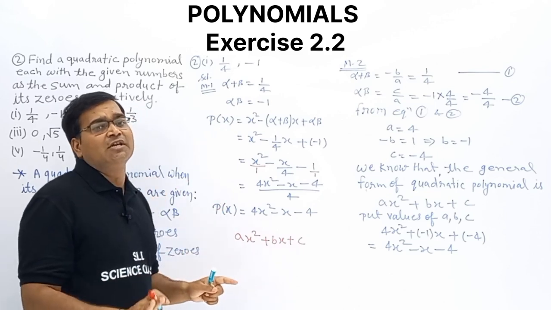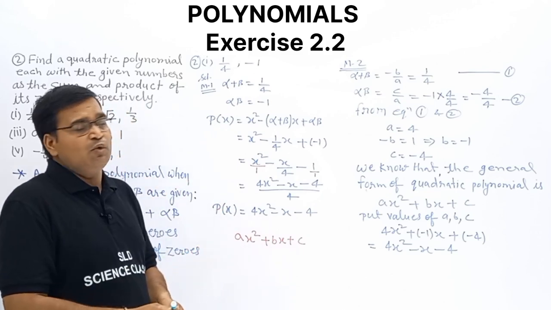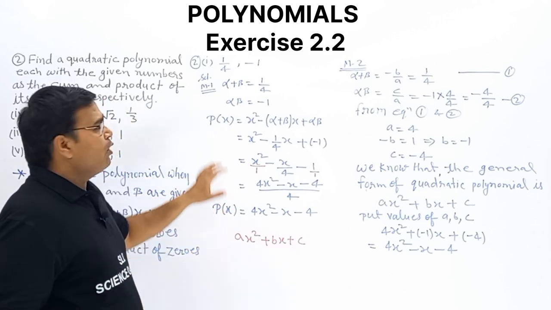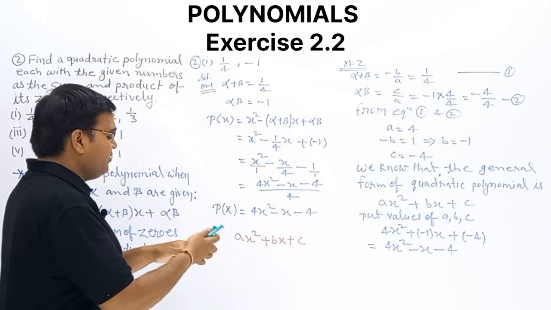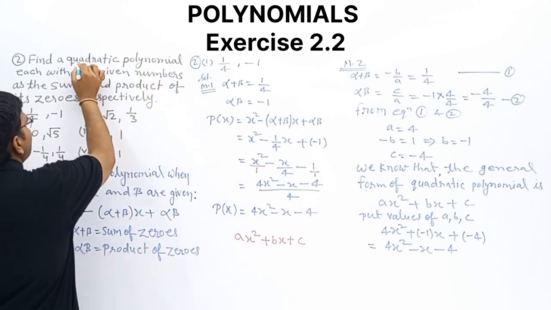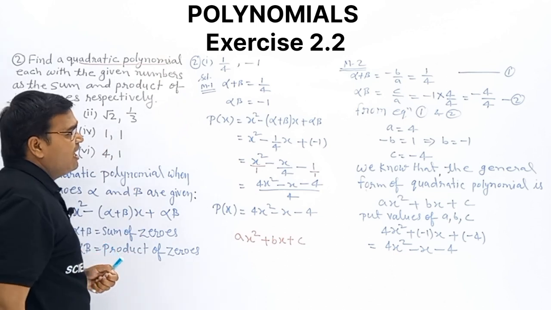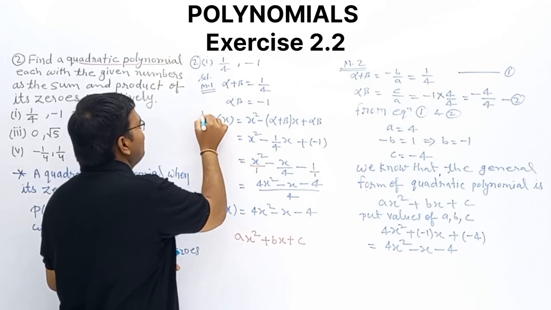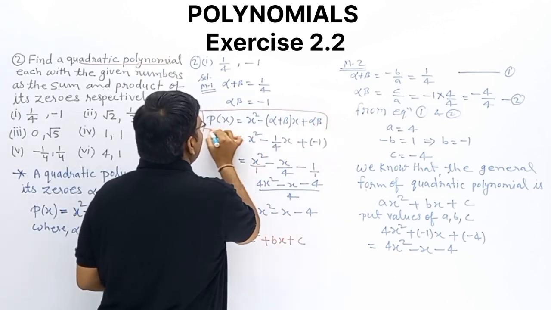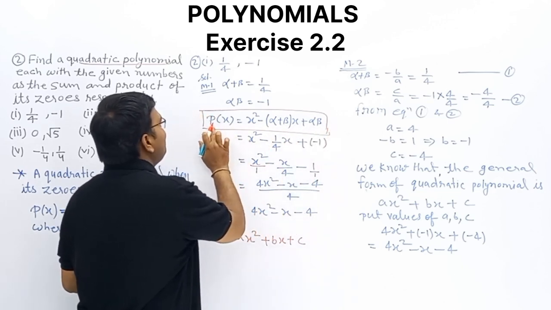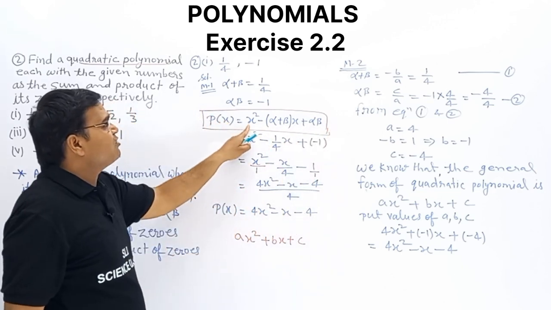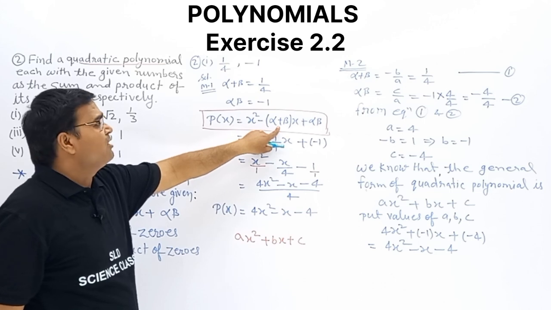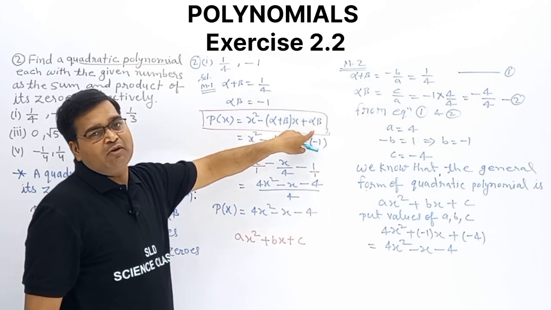So directly we can find the quadratic polynomial. In these questions we want the quadratic polynomial, and for it we have one general format: the quadratic polynomial of x is x square minus the sum of zeros into x plus the product of the zeros.